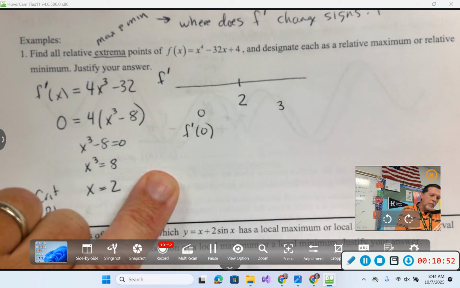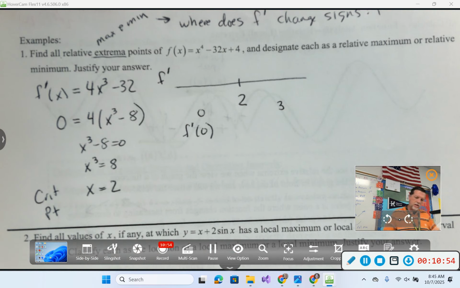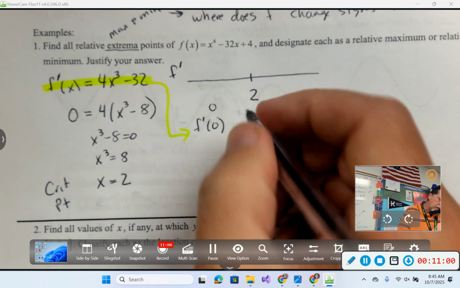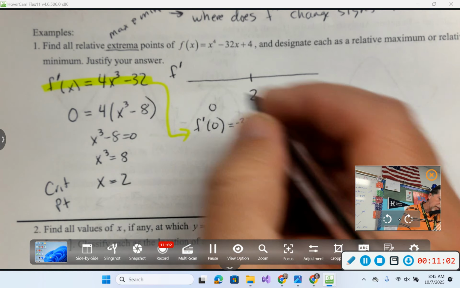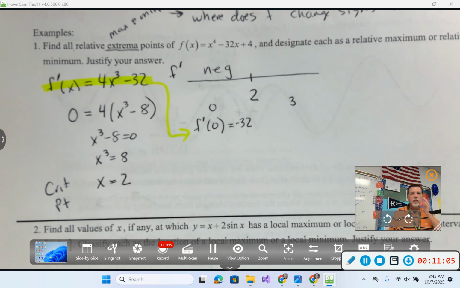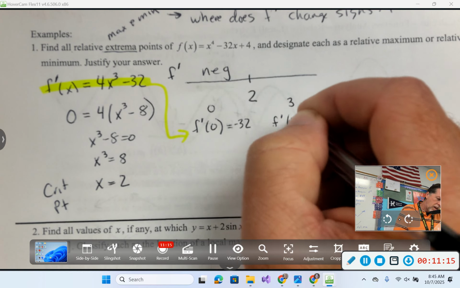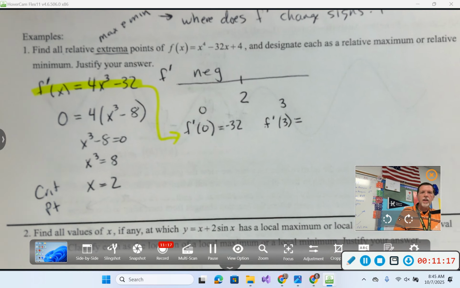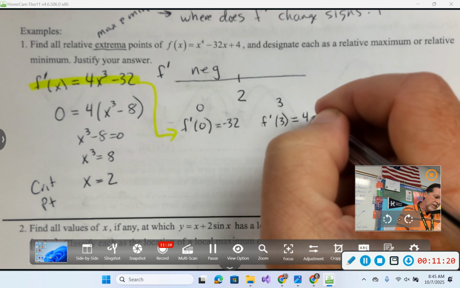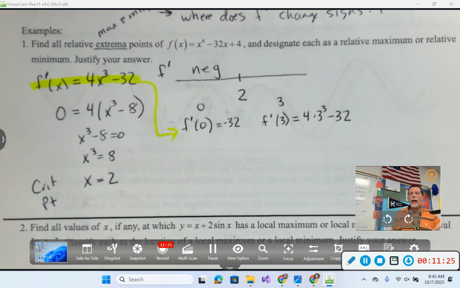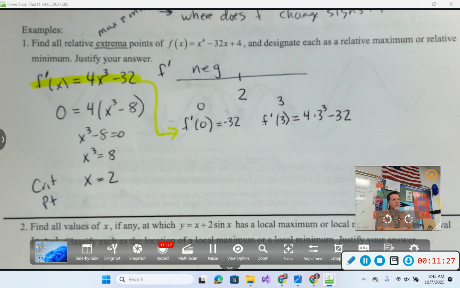So I want to find f prime of 0. That's easy. That's negative 32. So that means f prime is negative everywhere on that side of 2. F prime of 3. Oh, that looks a little bit harder. 4 times 3 cubed minus 32.